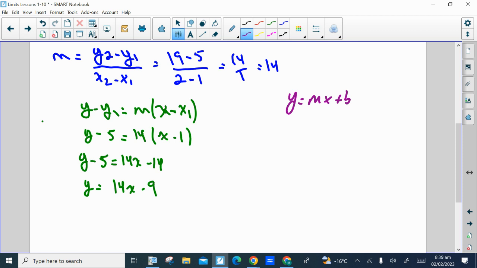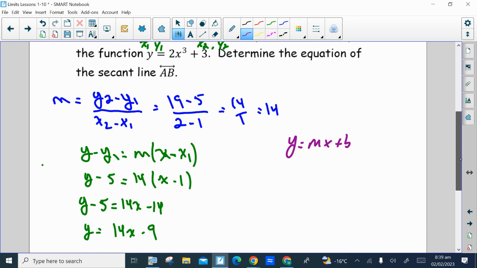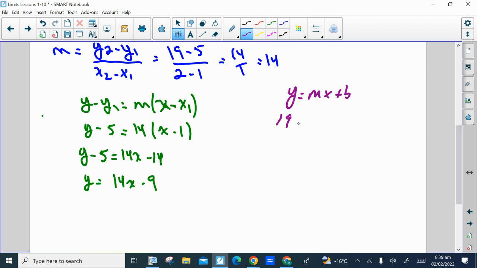So if you take one of the points, and it doesn't matter which point you choose, let's use the second point in this case, 2 comma 19, meaning y is 19 when x is 2. Again, the slope is 14. So this will give us 19 equals 28 plus b. And when you subtract 28 from both sides, you again will get -9 for b.